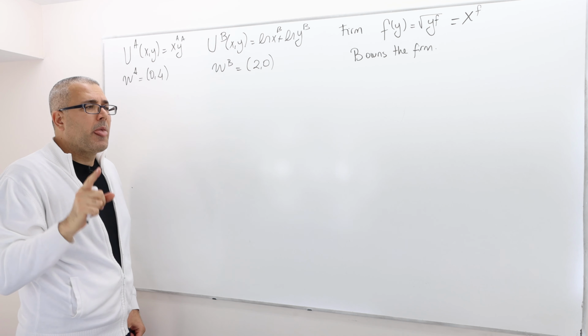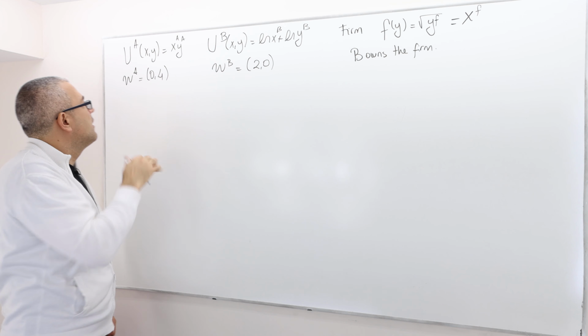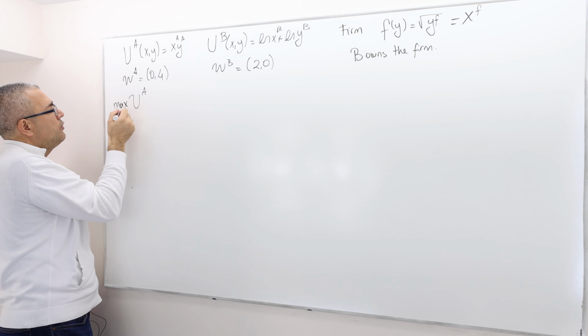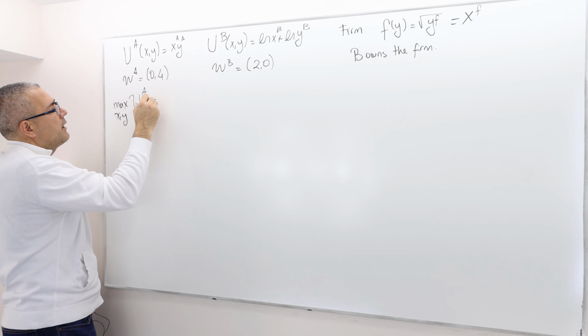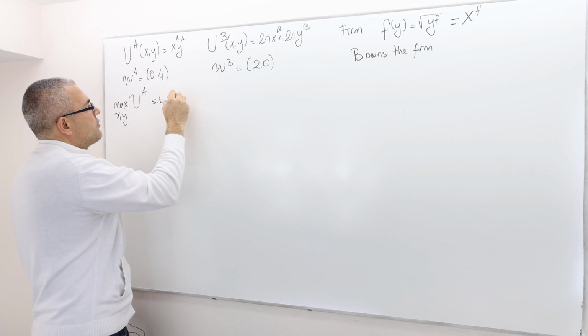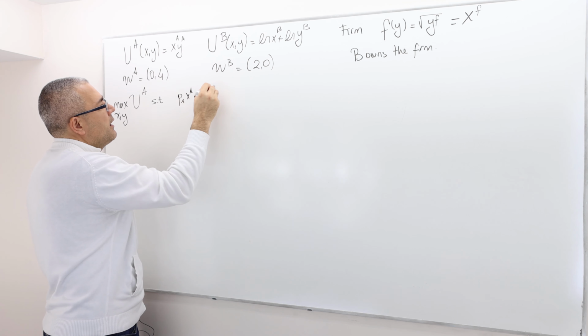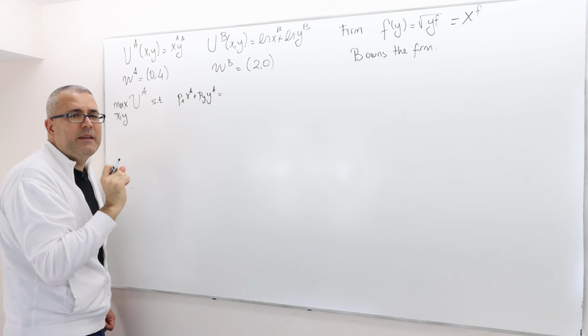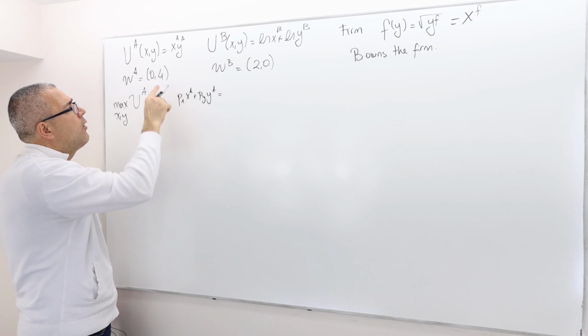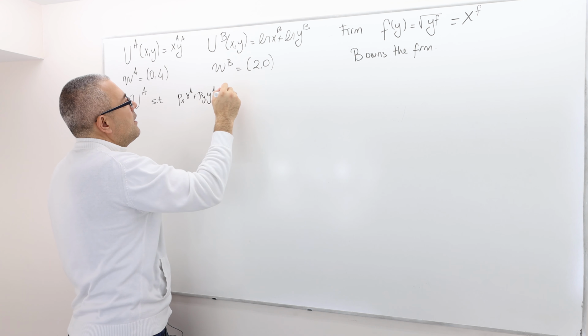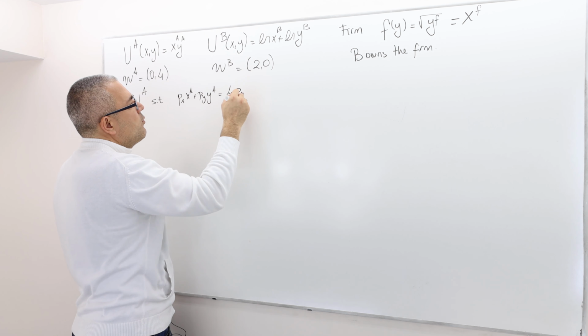Let's start from the beginning, meaning the utility function of agent A. Maximize utility by choosing X and Y subject to his budget constraint: Px·xA plus Py·yA must equal the income he can generate by selling all his endowments, which is 0 times Px plus 4 times Py.